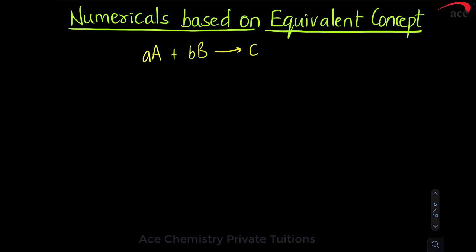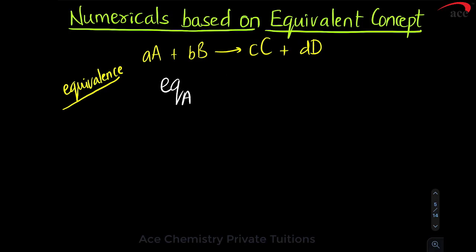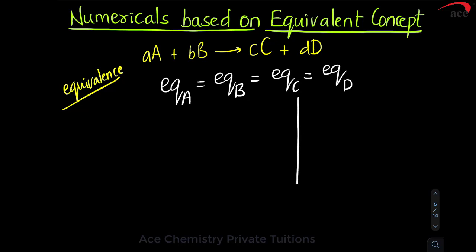If you take any reaction like A + B gives C + D, then as per the concept of equivalence, we can say EQ of A will be equal to EQ of B, equal to EQ of C, equal to EQ of D. You should be aware EQ can be given by various formulas.